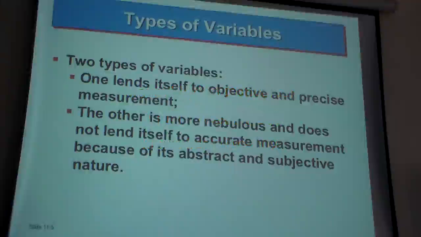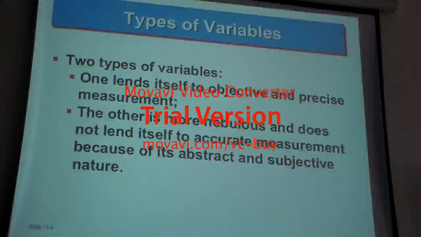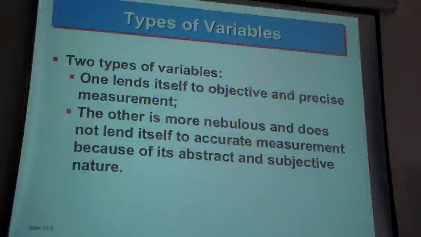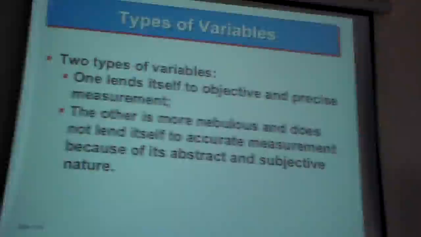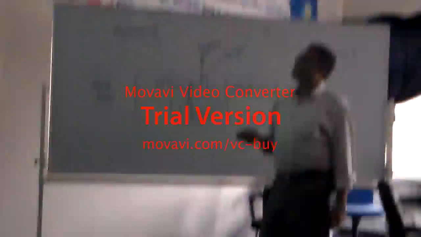You can say at an average time, in the afternoon, the temperature is greater than 30. So it is subjective. Maybe at 1 o'clock it is 33, at 2 o'clock it is 32. So in the afternoon you cannot exactly say it is like that. So it is subjective. It is abstract.